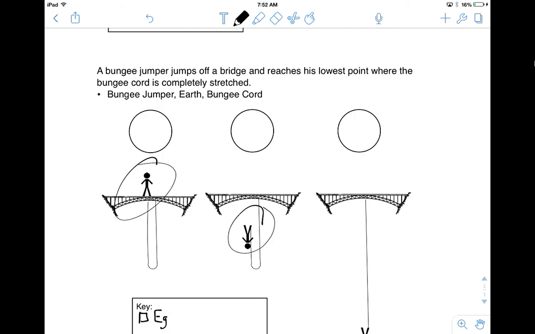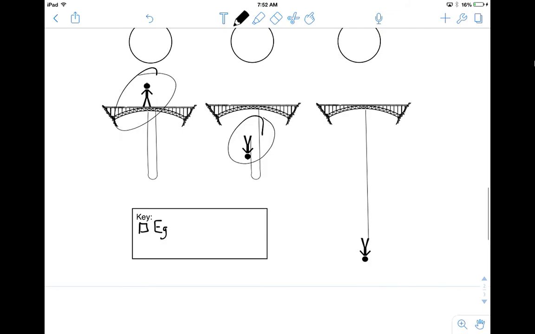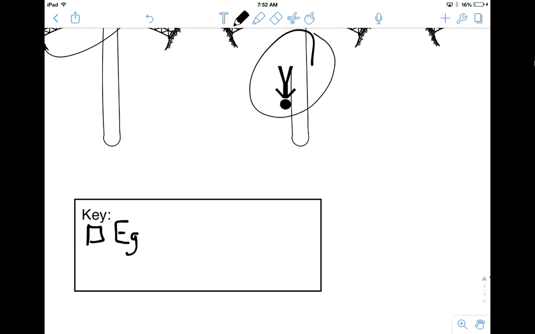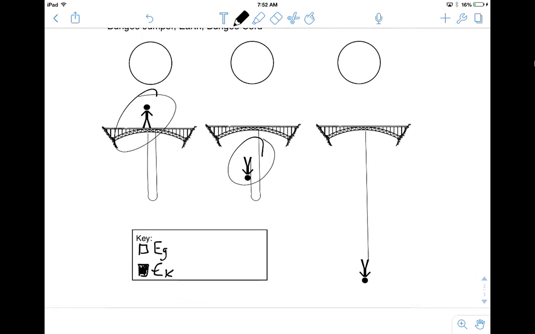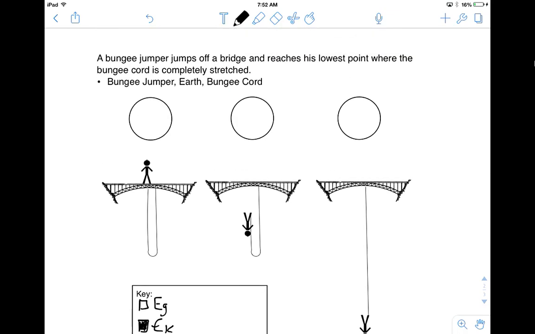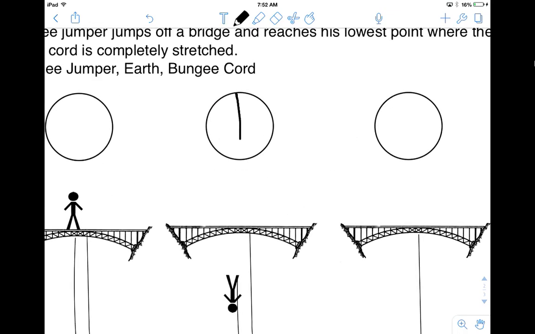Now once he jumps, he starts moving, which means he's going to need some kinetic energy. His bungee cord hasn't started to stretch out yet, so there's no elastic yet, although there will be in the future. Right now, it's a mix of gravitational and kinetic.